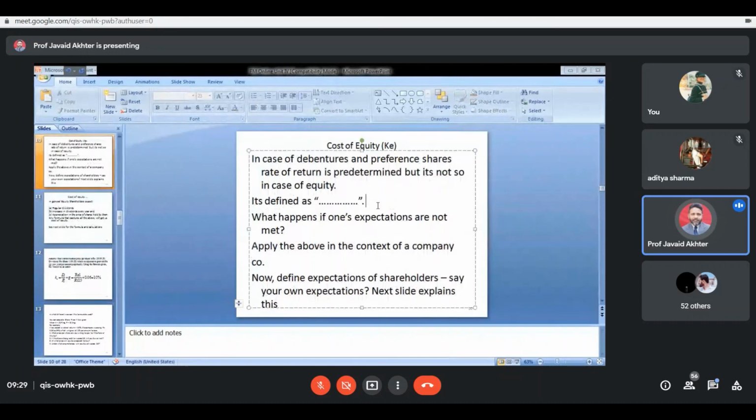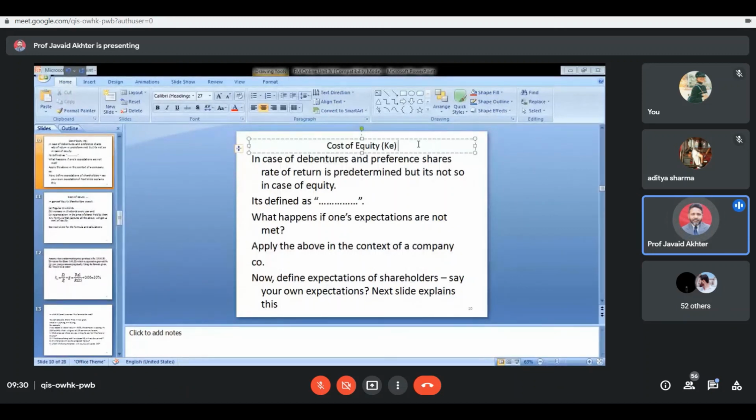Next slide is about the cost of equity. Two types of cost of capital we have already discussed, that is cost of debt and cost of preference shares. This is the third category of cost, that is cost of equity. You may recall that we started by saying that broadly it can be divided into two, fixed charges or charges which vary with profit.